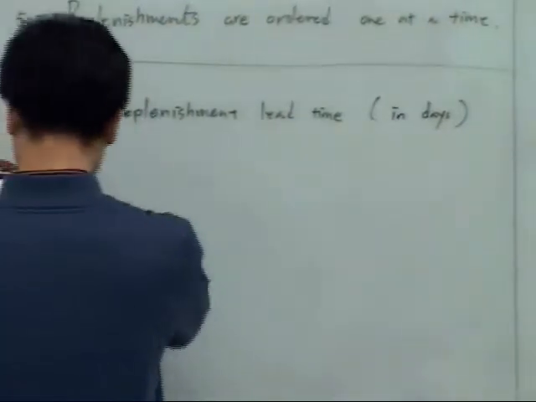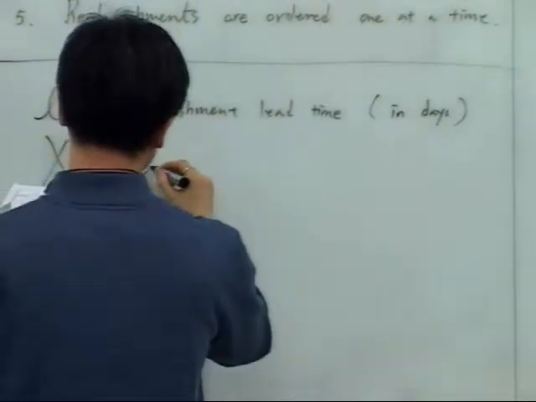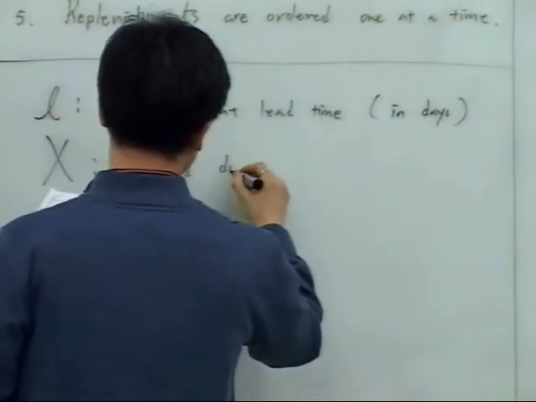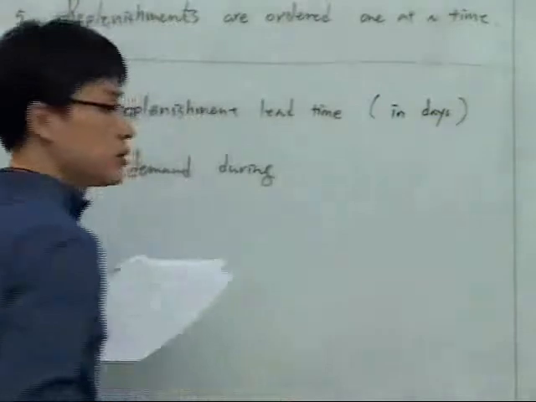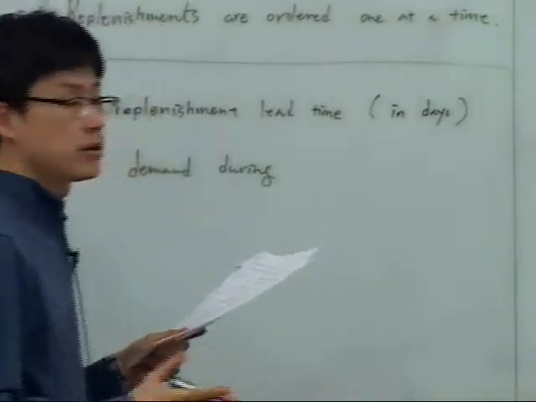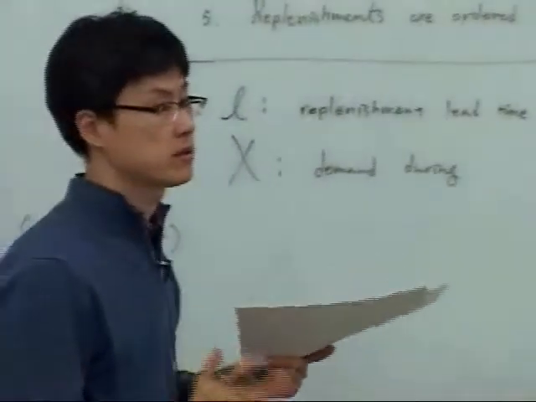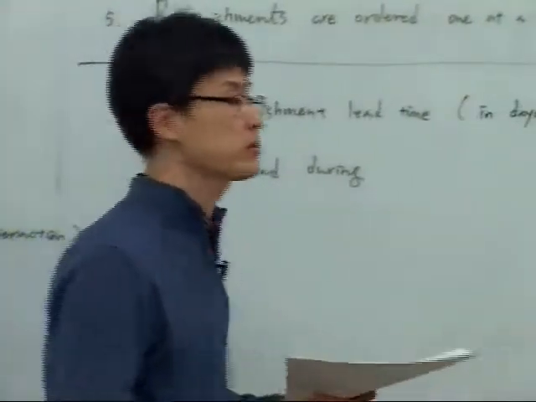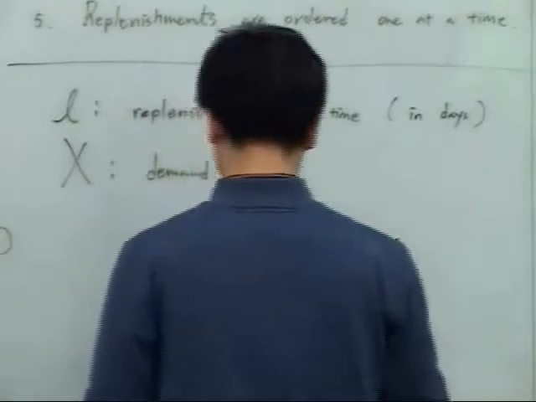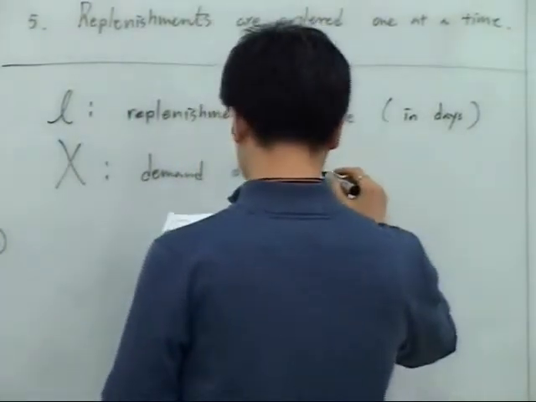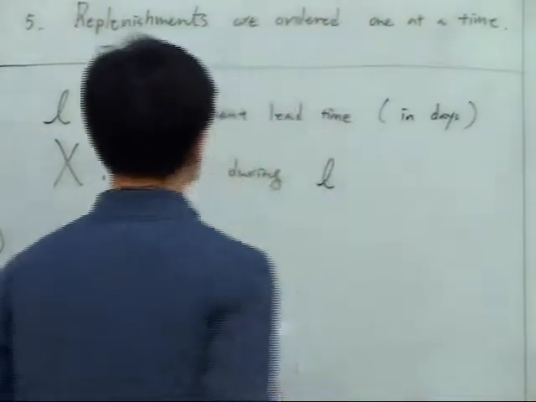X is demand. Not the normal demand, but the demand, which requires some time unit, like annual demand or monthly demand or something like that. This demand is the demand during L.